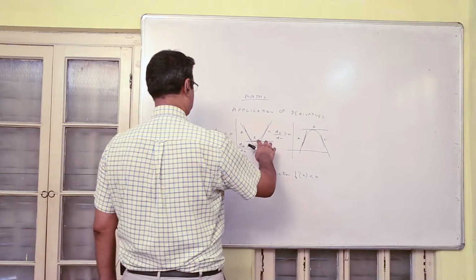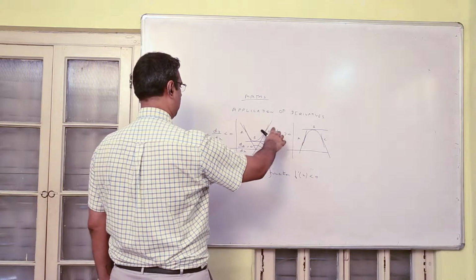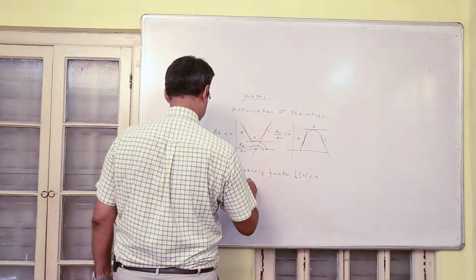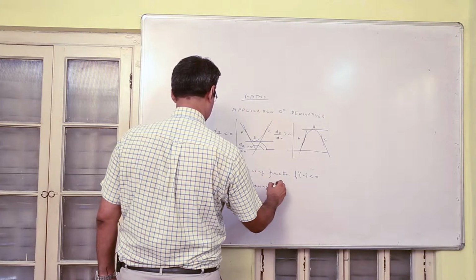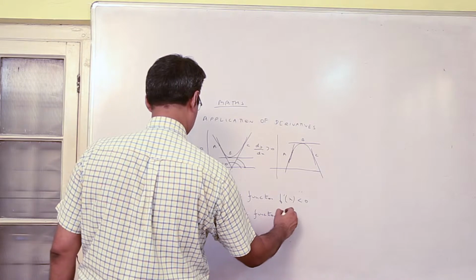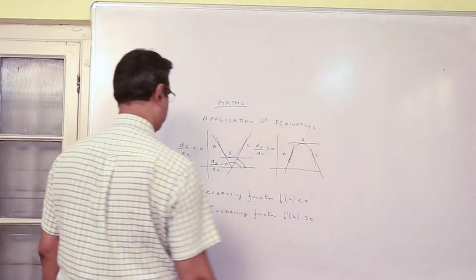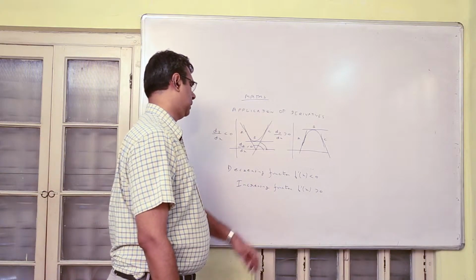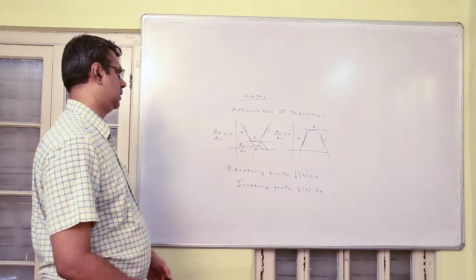Now look at the portion from B to C. You will see that the graph is increasing, and in fact dy by dx is greater than 0. So that means for an increasing function, dy by dx is greater than 0. So for a decreasing function, dy by dx is less than 0. For an increasing function, dy by dx is greater than 0.